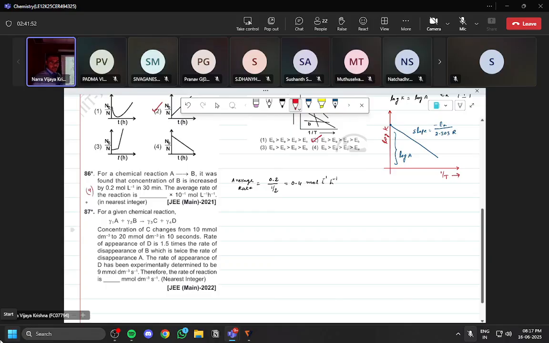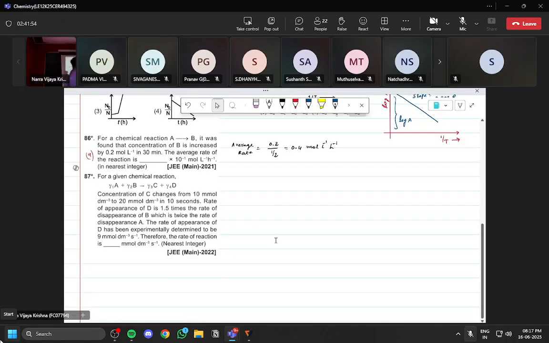87. That's why I'm writing it as 4 into 10 power minus. Gamma 1 A plus gamma 2 B gives rise to gamma 3 C plus gamma 4 D. Concentration of C changes from 10 millimole per liter to 20 millimole per liter in 10 seconds.